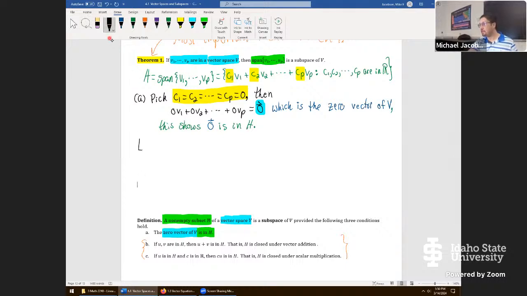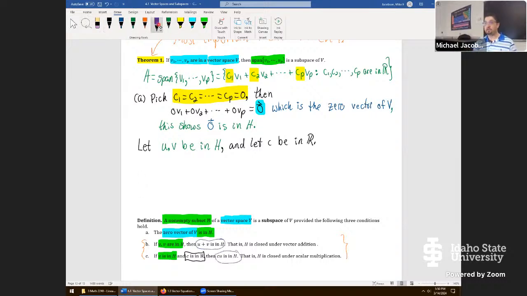Let's begin by saying, let U, V be in H. So now we've taken care of this portion and that portion. We also need a scalar, so let's say, and let C be in R. This takes care of this portion right here. All that's left to show is that closure property and that closure property.